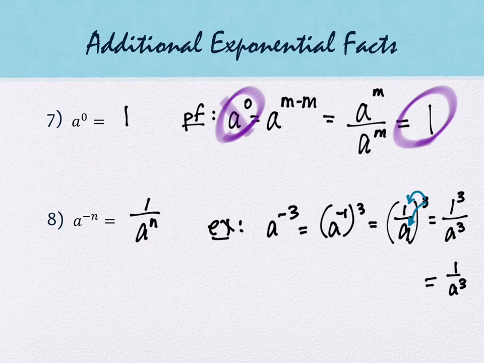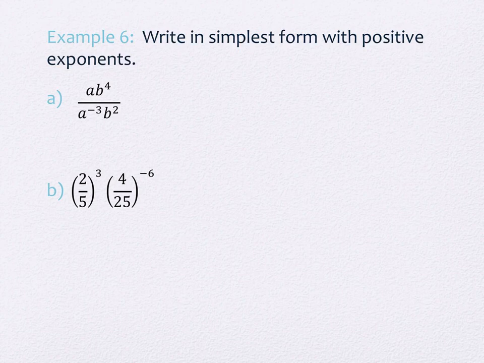Here's what we're going to do with them, however, is we're going to use those properties and we're going to actually manipulate expressions and simplify them, okay? So there's often more than one way to do these problems, and that's fine if you're doing it a different way, because if you've done them in a correct way, even if it's a different way, you're still going to get the same answer.